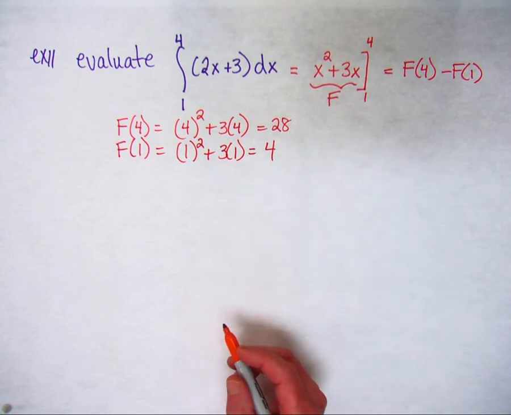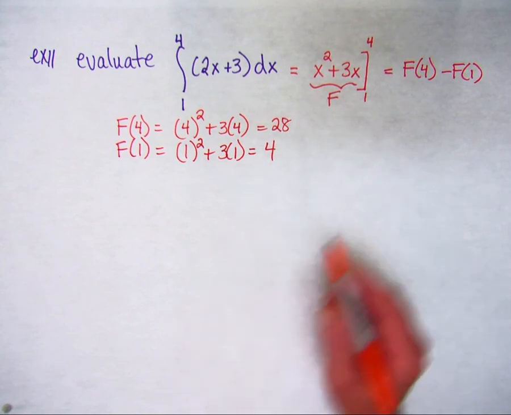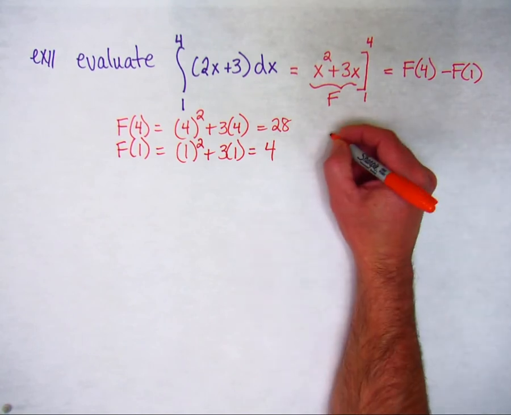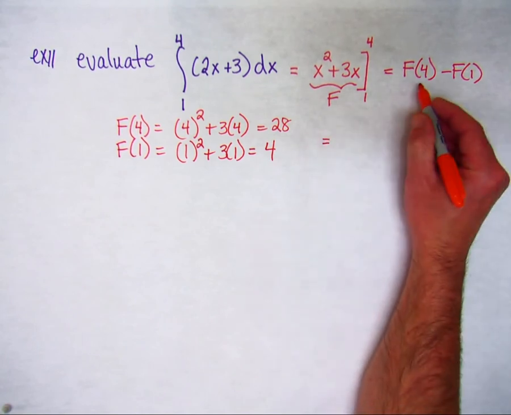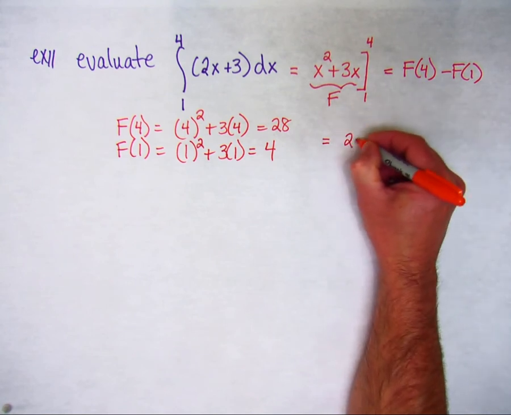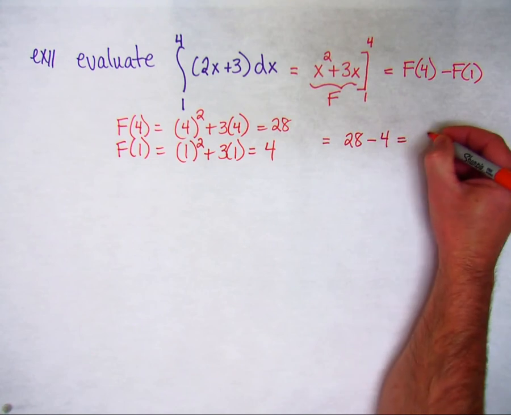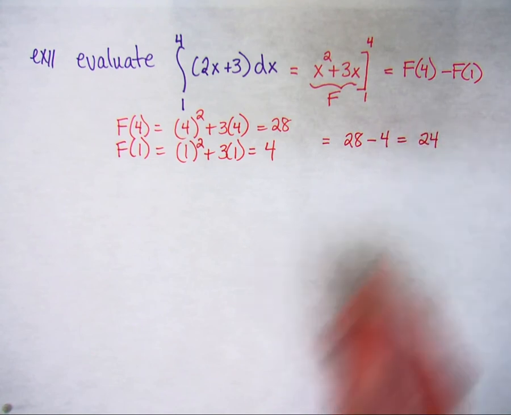And now we don't run into trouble with the negative sign. Our answer is just going to be F at 4 take away F at 1. So now we're just going to plug in F at 4, which is 28, subtract F at 1, which is 4, and our answer is 24.